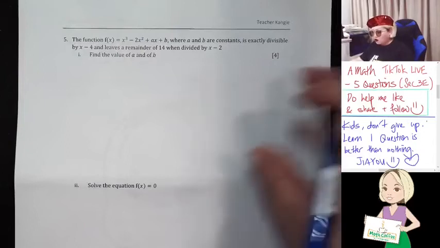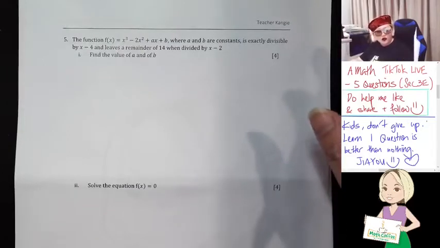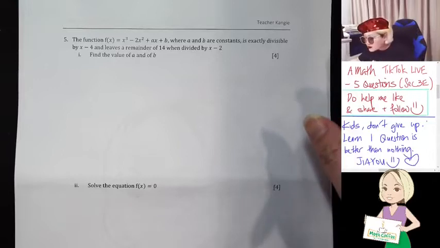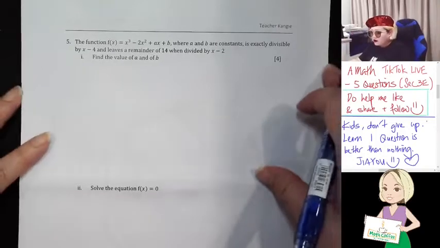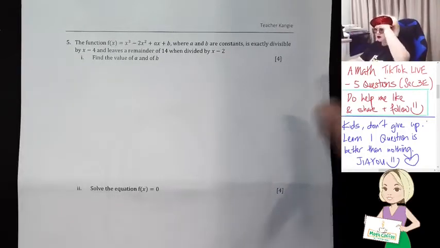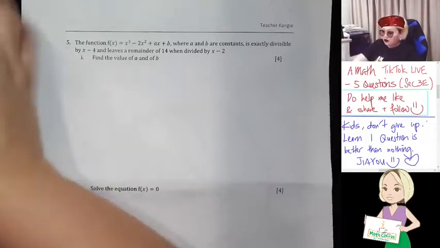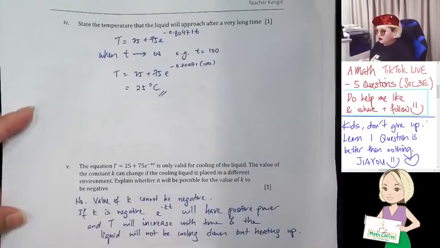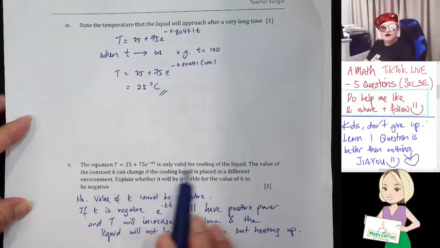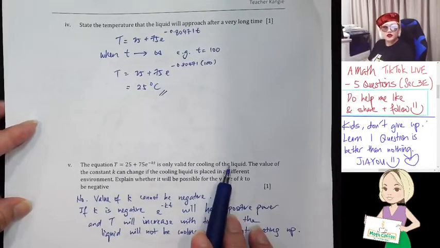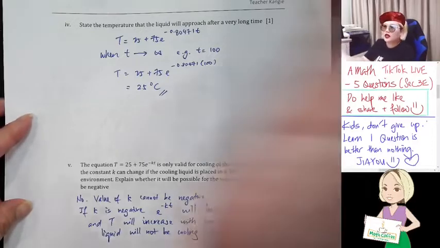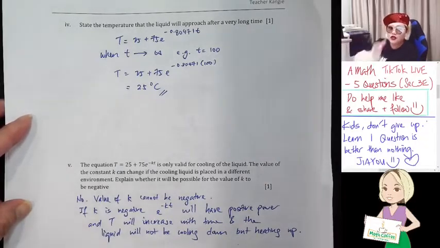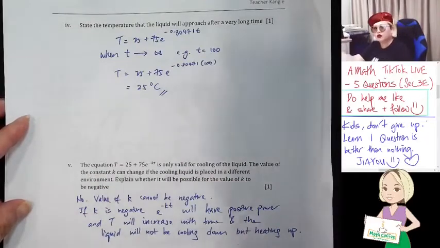Okay, we are going to go to one more question. What if the environment is hotter than the cooling liquid? Then it will be heating up already. This equation is only valid for cooling of the liquid. You understand? Your constant K can change if you put it into a different environment, provided the environment is cooler than the liquid, which is at 100 degrees Celsius, then it will cool down to the lower temperature.